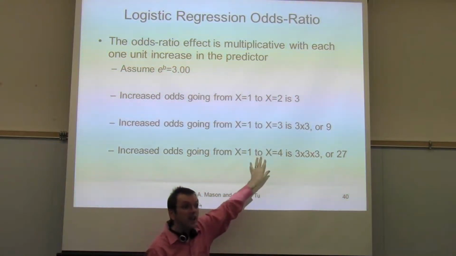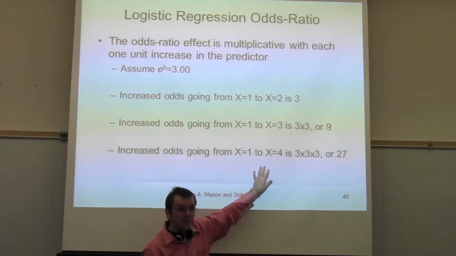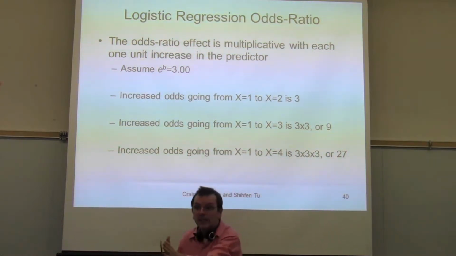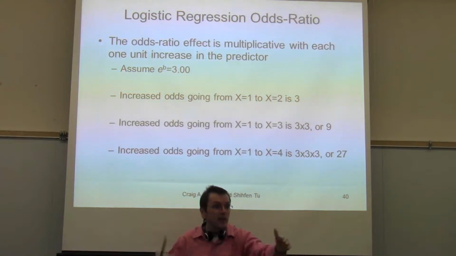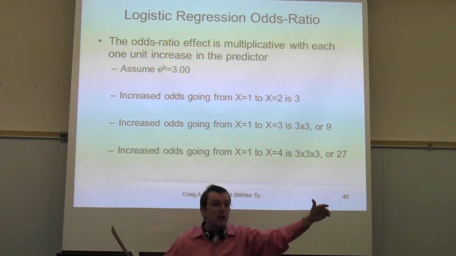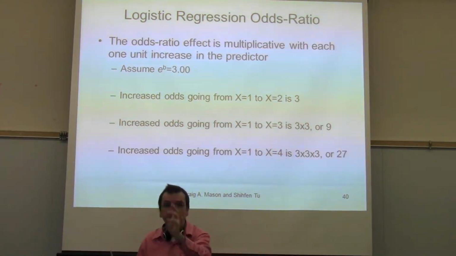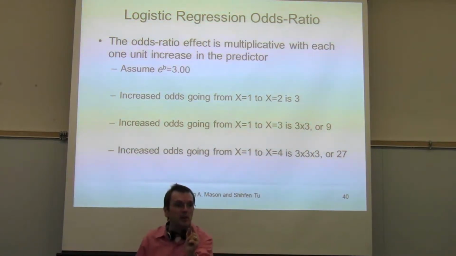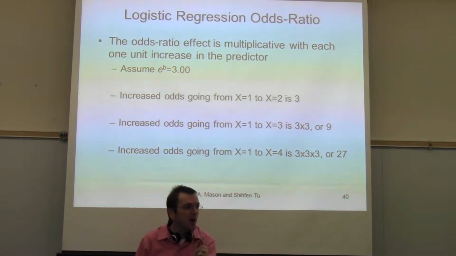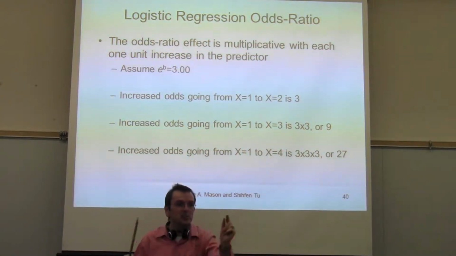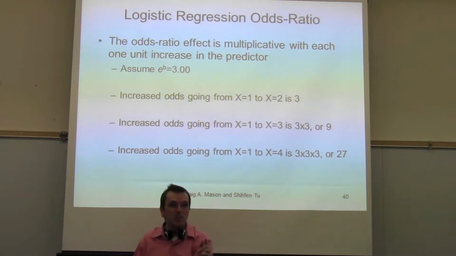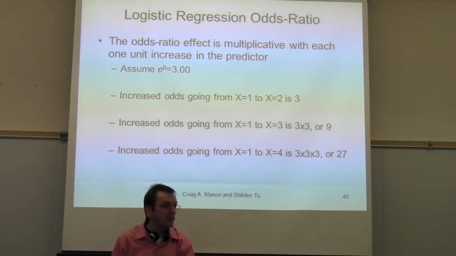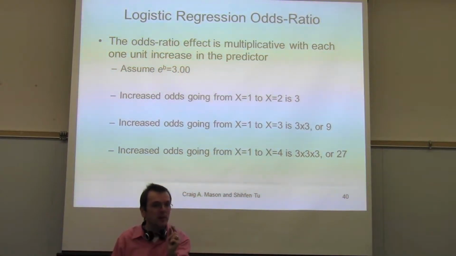And this is where the scaling comes into play. If your independent variable has a big range, 0 to 100, and people are at 10 and 50 and 30 and 80, a 1 unit increase may have a very, very small odds ratio because it's such a small sliver across that range. But let's say your odds ratio is only 1.1, so it's a little bit above 1, a little bit of risk.